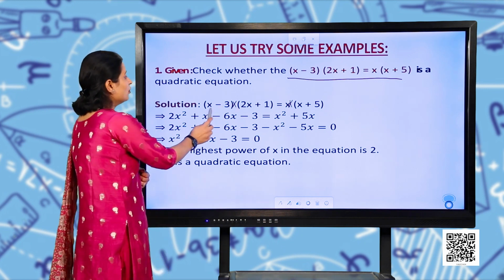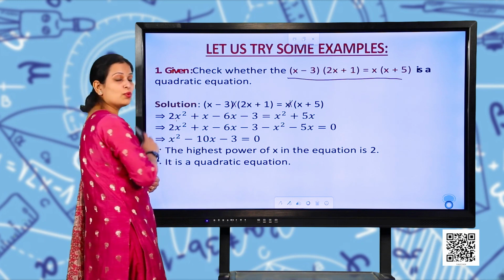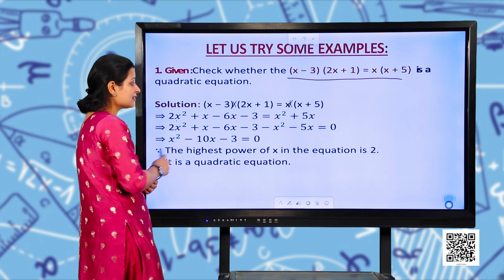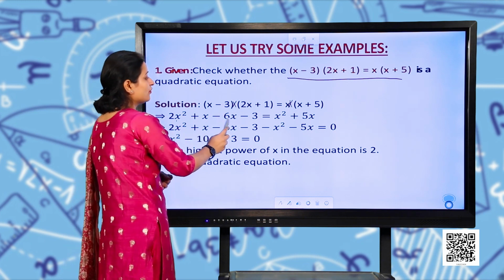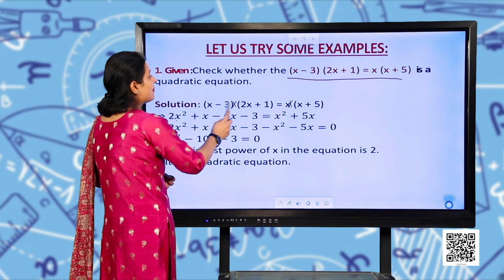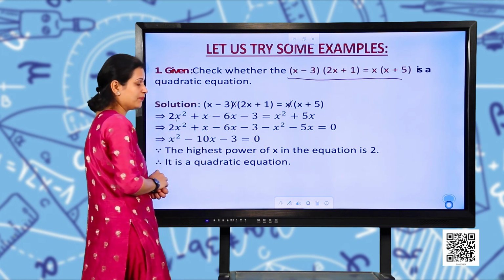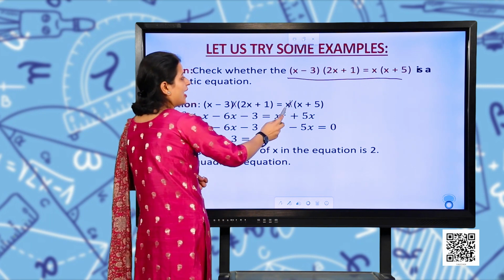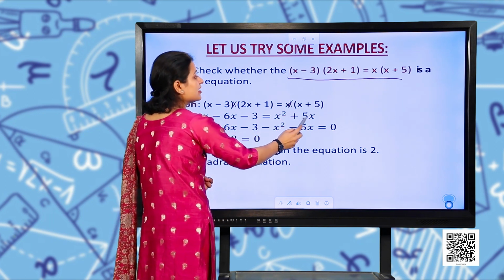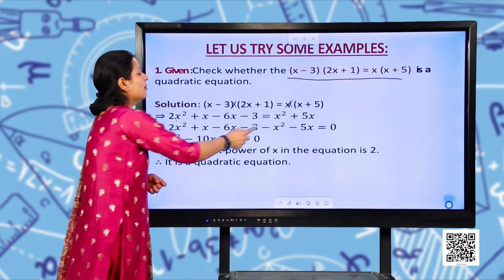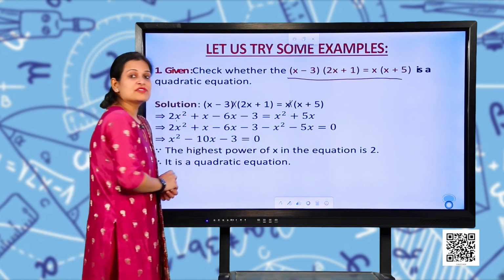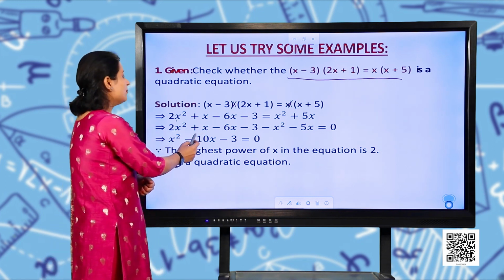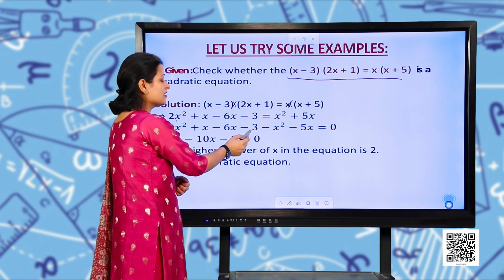We will get x into 2x, you will get 2x square, x into 1 you will get plus x, minus 3 into 2x you will get minus 6x, and minus 3 into 1 you will get minus 3. Now what about this? x into x you will get x square, x into 5 you will get plus 5x. So by transposing x square and plus 5x to the left hand side, you will get 2x square plus x minus 6x minus 3.